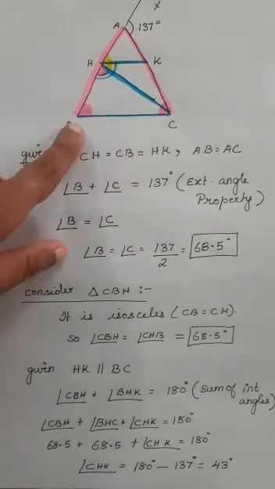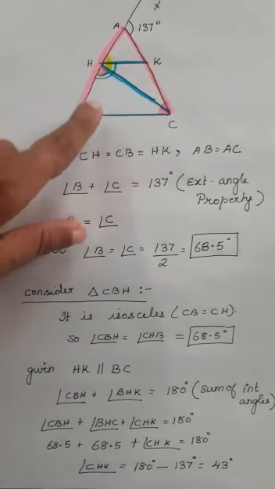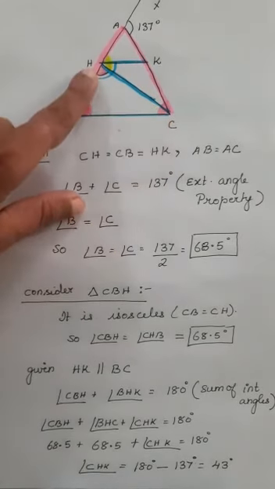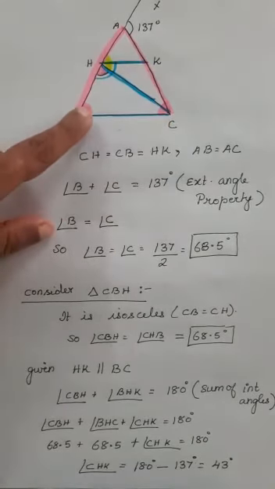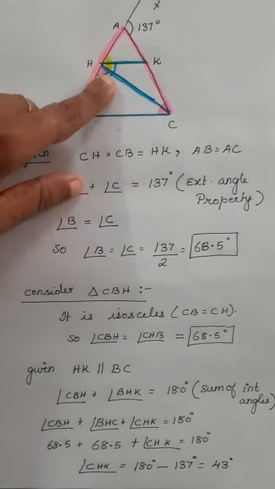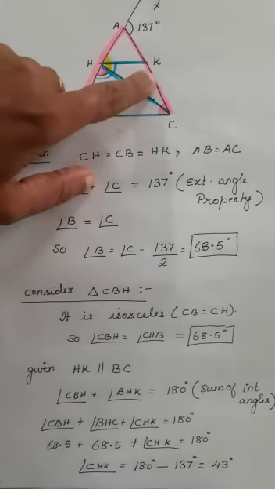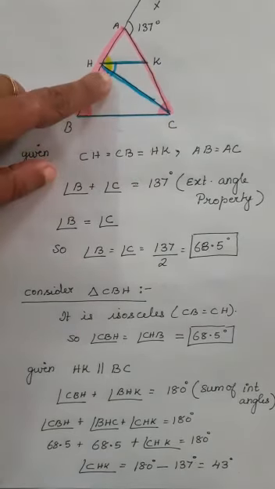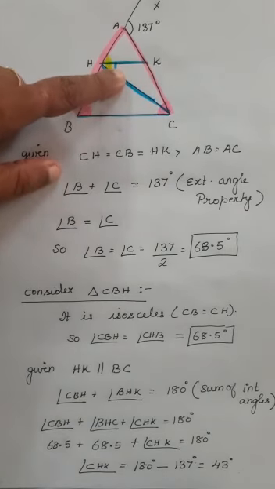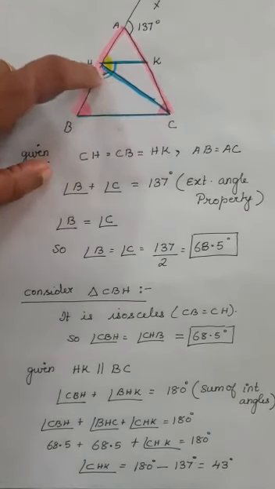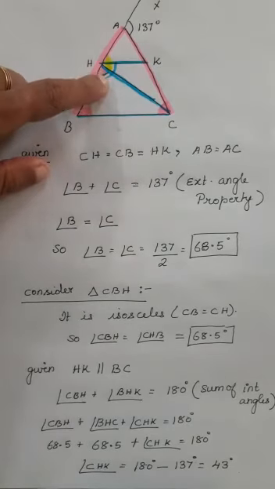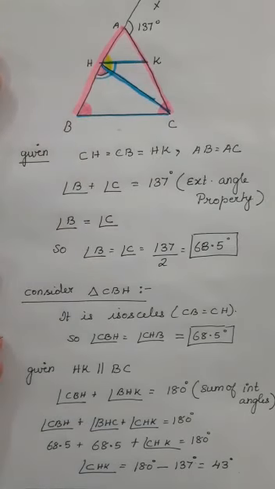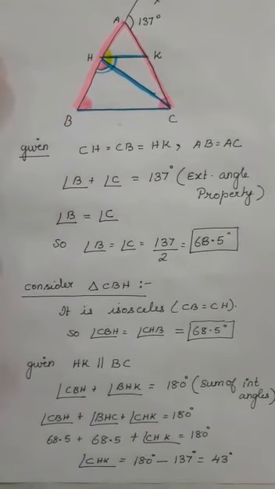But this BHK can be divided as BHC and CHK. So this is 68.5 plus this is 68.5 plus the CHK add up to 180 degree. So 137 plus this angle is 180, which means CHK is 180 minus 137, which is 43 degree. Kindly note down the solution.